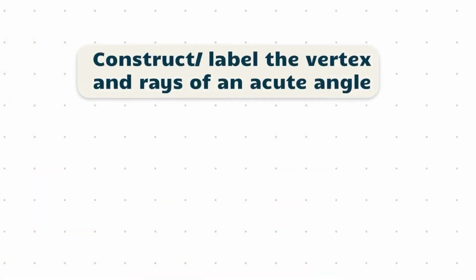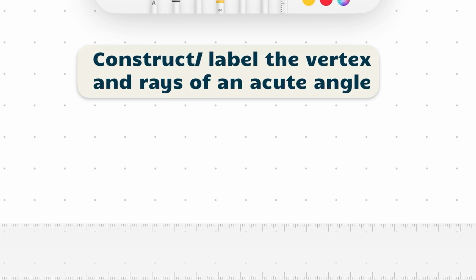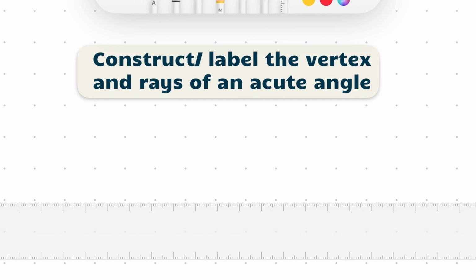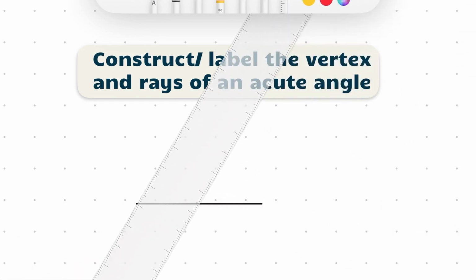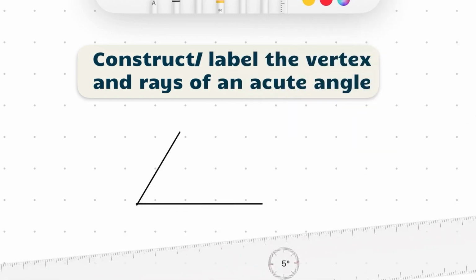For our final practice problem, we're asked to construct and label the vertex and rays of an acute angle. And this may look like a simple problem because it really is. All we're doing is constructing an acute angle and labeling its parts. So let's see. There are a variety of answers that would be acceptable, so I'm going to construct one of them. And remember, an acute angle is less than 90, so there are many that work.